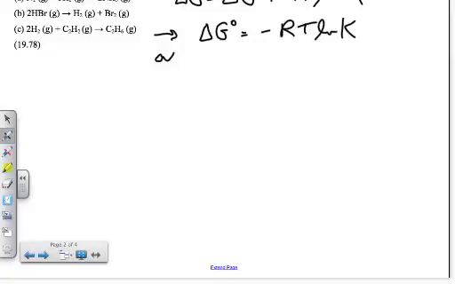This one up here is more of a Le Chatelier application, is the word I was looking for.